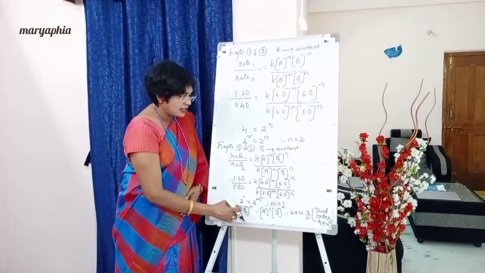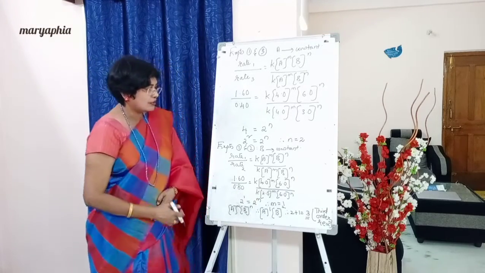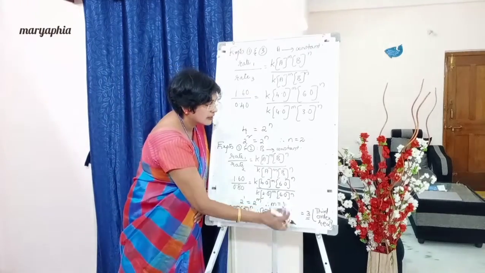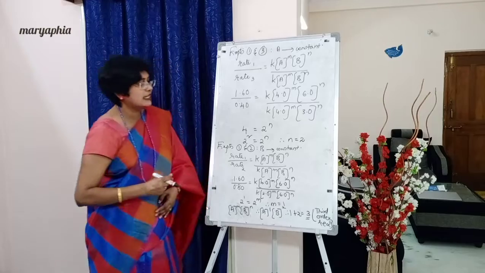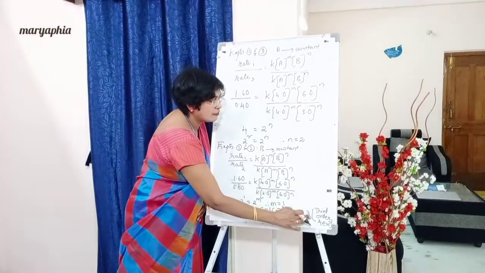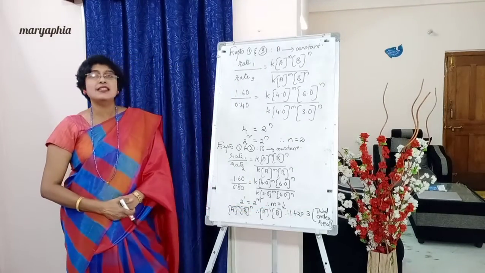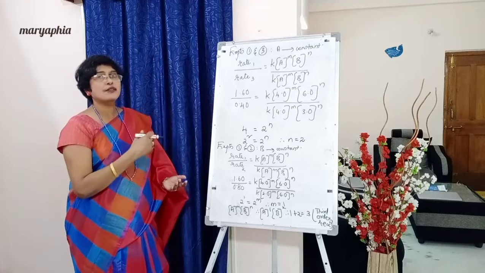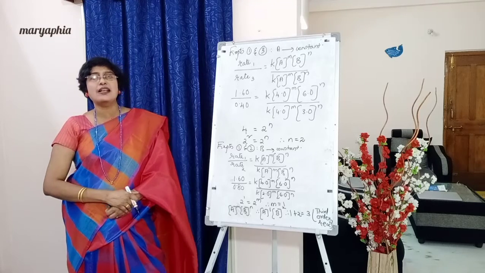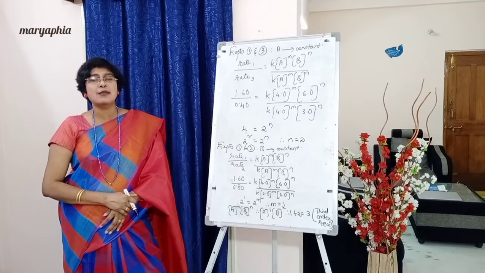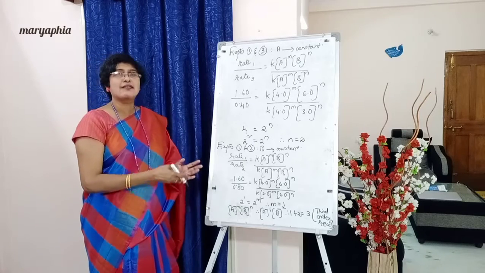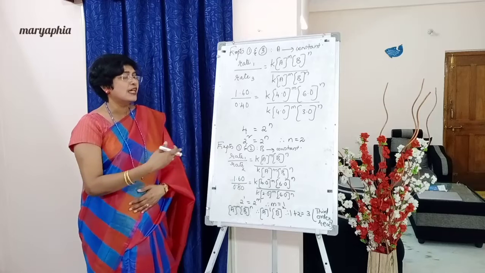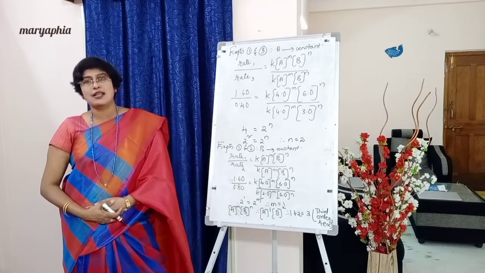So 1 plus 2 is equal to 3. Therefore, 3 means a third order reaction. So when the data is given like this, the initial rate method tells us that the order of the reaction will be third order, students.